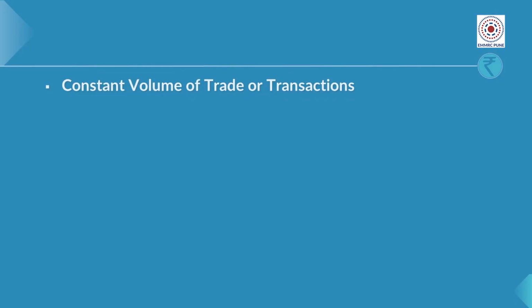The second assumption is a constant volume of trade or transactions. The total volume of trade or transactions, that is T, is also assumed to be constant and is not affected by changes in the quantity of money.